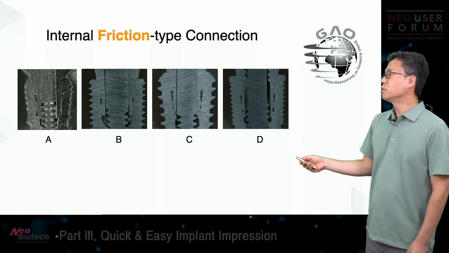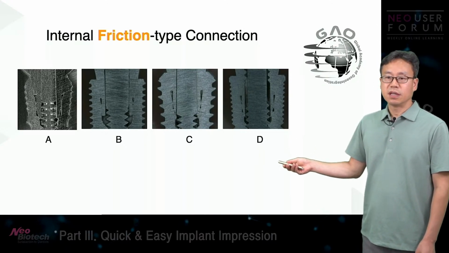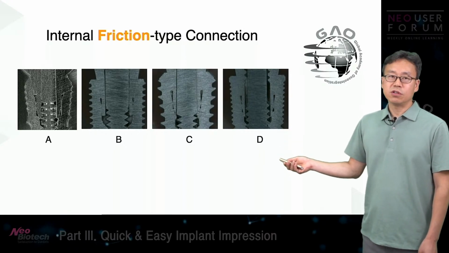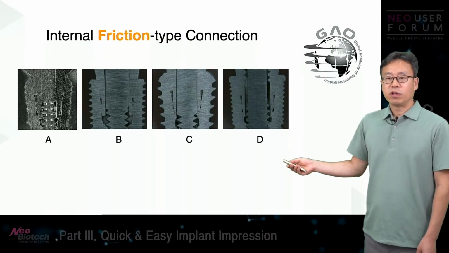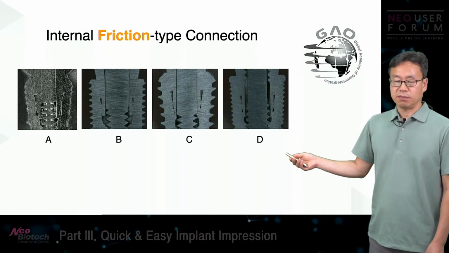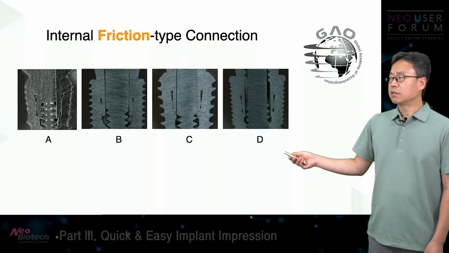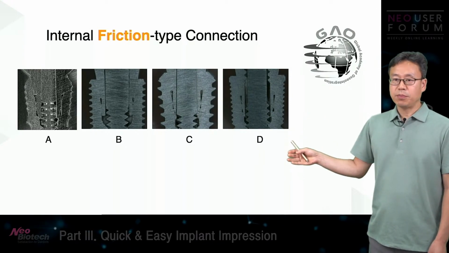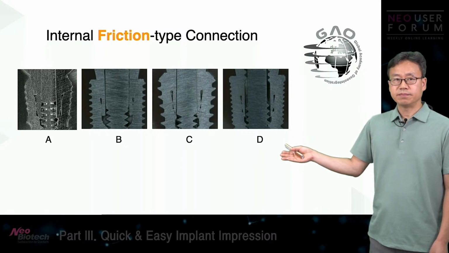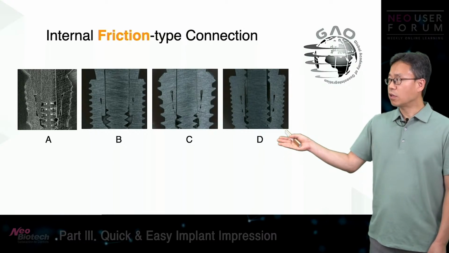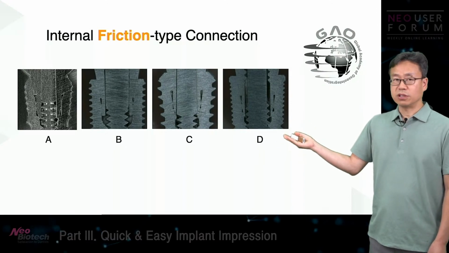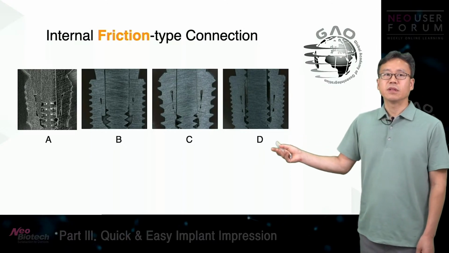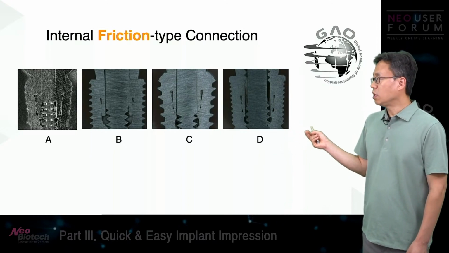When dental implants were first introduced in dentistry, which was more than 50 years ago already, we only had external connection at that time. But then these internal connections became more and more popular for many reasons. And this strong connection with friction, which most of us are using these days, is one of the reasons why we love to use them.